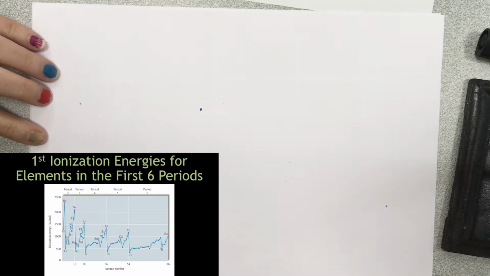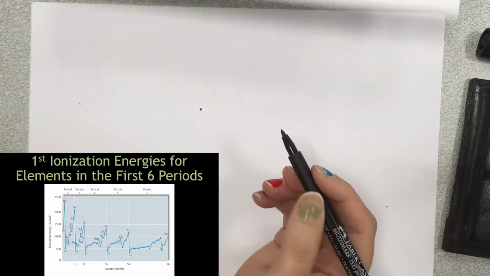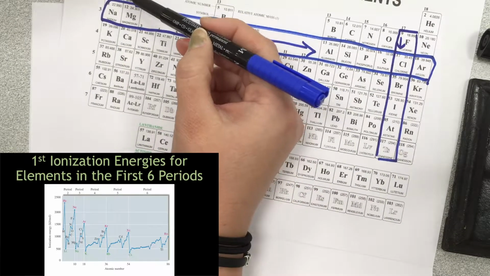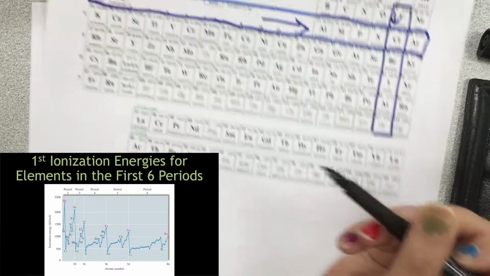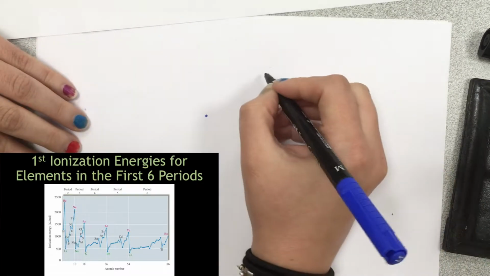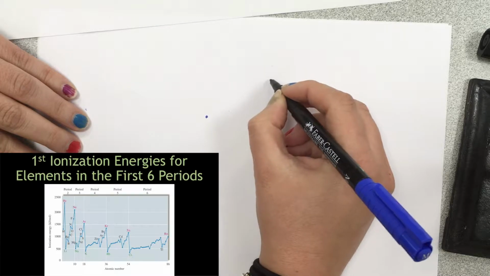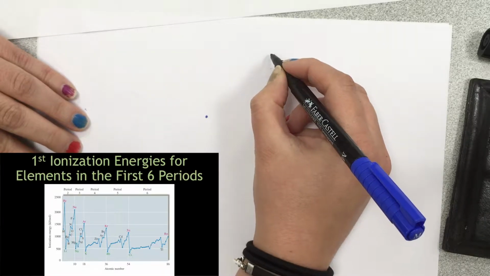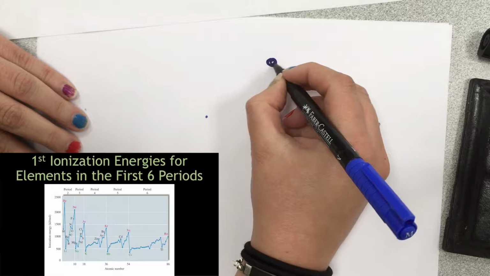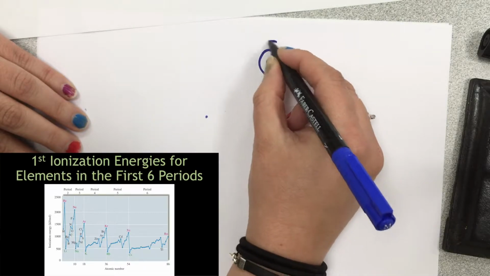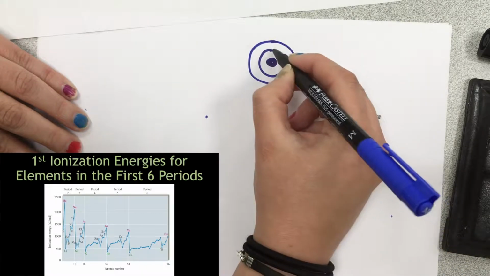Okay. So we saw the group trend with lithium and cesium. Lithium had 3 electrons and cesium had 6 energy levels. So let's just draw it real quick. Lithium, here's the nucleus, had 3 electrons and 2 energy levels, okay?